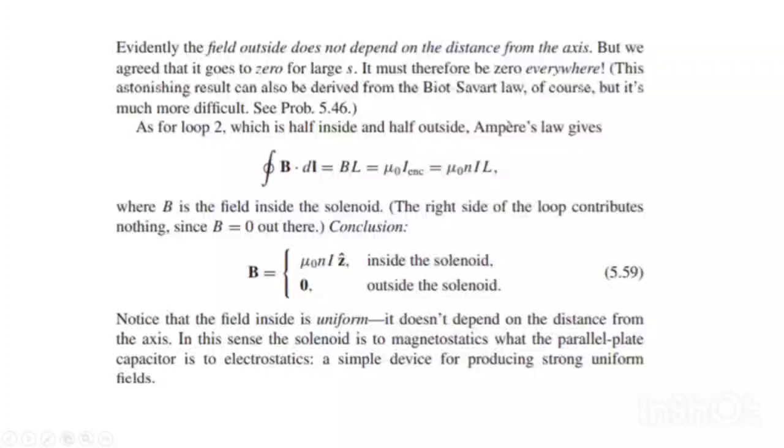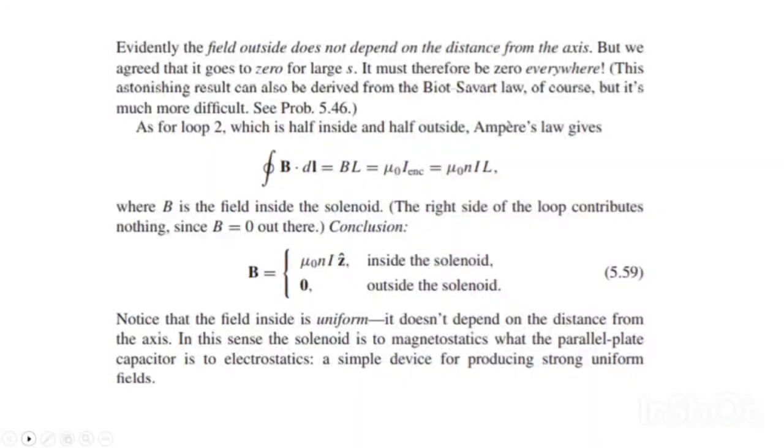Notice that the field inside is uniform. It does not depend on the distance from the axis. In this sense, the solenoid is to magnetostatics what the parallel plate capacitor is to electrostatics: a simple device for producing strong uniform fields. So, as asked, we have found the magnetic field inside and outside the solenoid.